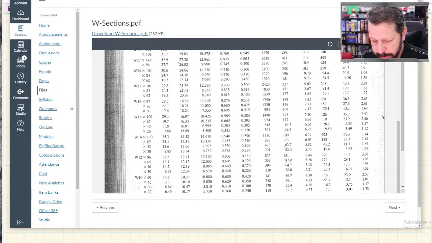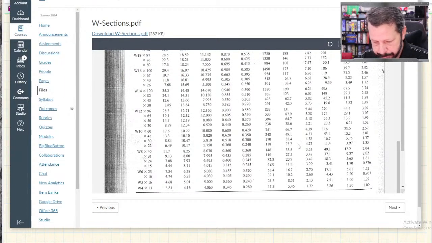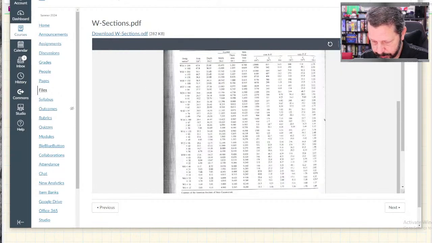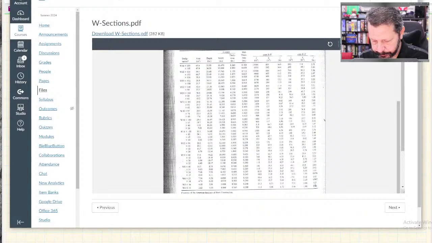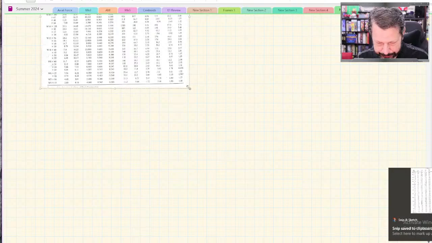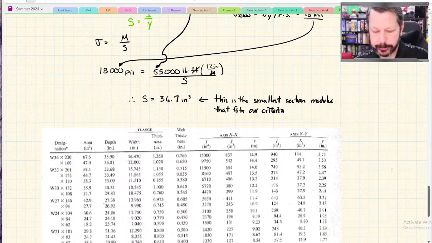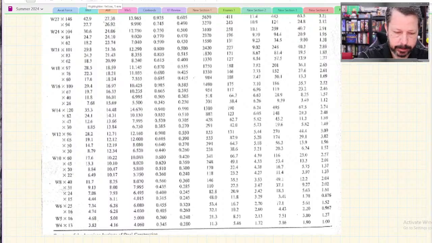And I just go through here and look for the smallest one that will work. So I'm going to zoom way out so I can get all of this in at once. All right, so I'm looking in the column for S, which is this one right here.